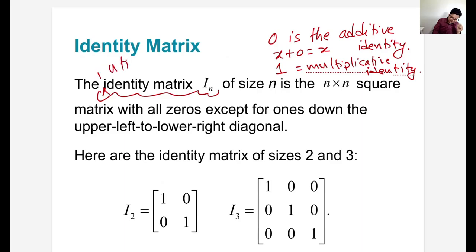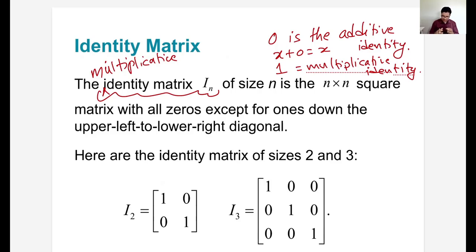It is the multiplicative identity matrix for your understanding. Nobody says that. It is the accepted definition that the identity matrix is the multiplicative identity matrix in the context of matrices.